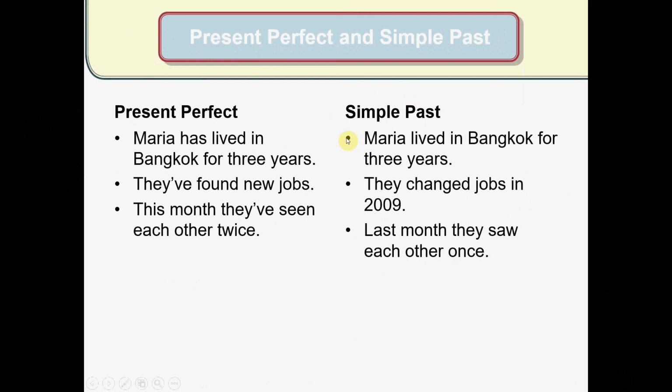Simple past. Now, which example expresses what happened in the time period that is not finished? This month, they've seen each other twice. And what tense does it use? Present perfect.